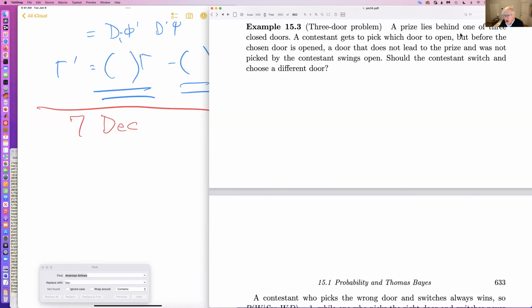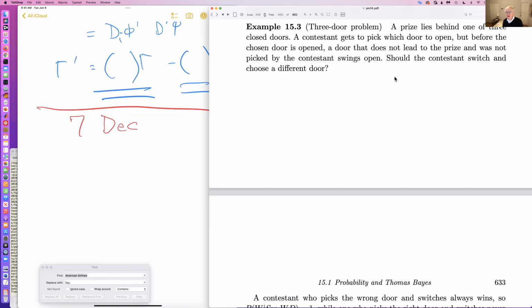So here we have a prize lying behind one of three closed doors. The contestant gets to pick which door to open. And before the chosen door is opened, the moderator says, okay, stop, and a door that does not lead to the prize and was not picked by the contestant swings open.